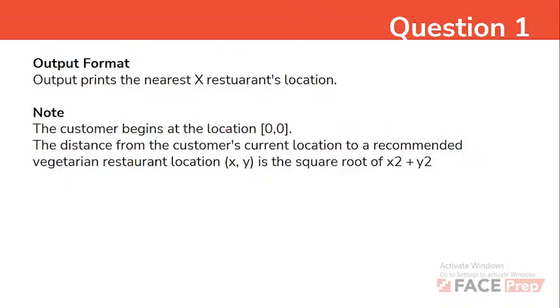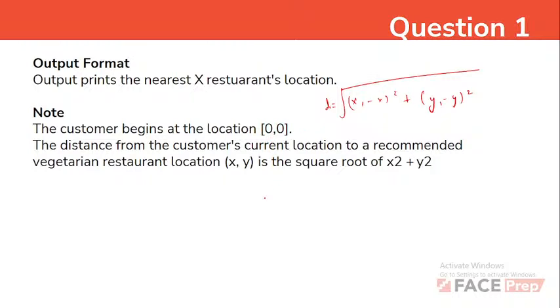And the customer begins at the location 0, 0. As I told you already, I need to calculate the distance between the customer's location and the restaurant location by the distance formula, right? The customer begins at the location 0, 0. So if I take the square root of (x1 minus x) squared plus (y1 minus y) squared, this is the distance formula, where the customer's location is given as 0, 0.